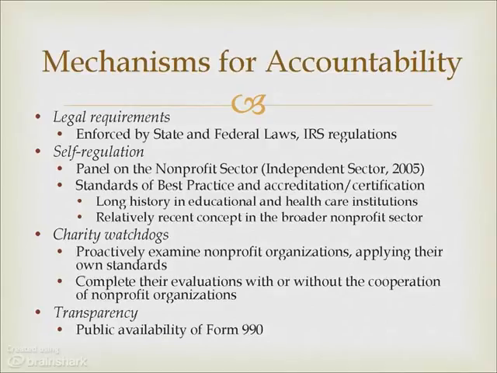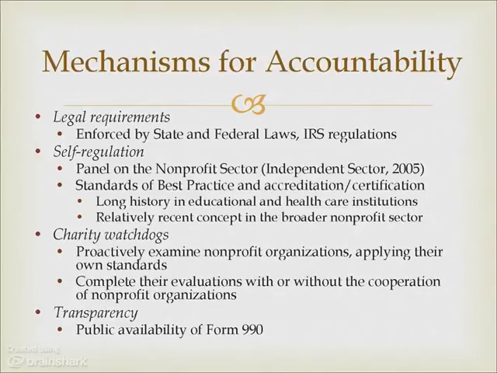Another mechanism for accountability are charity watchdogs. You may have heard of some of these. They proactively examine nonprofit organizations and apply their own standards. They're watching out to see what's going on and making sure that they're monitoring and overseeing nonprofit organizations. They complete their evaluations with or without the cooperation of the nonprofit organizations.